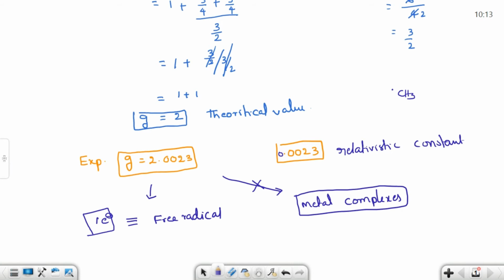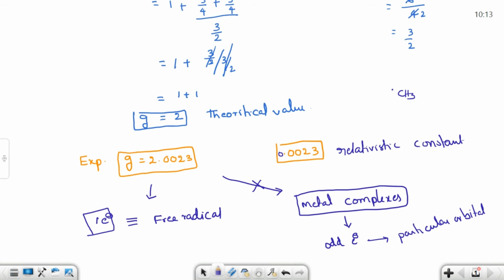But in metal complexes, the odd electron exists in a particular orbital, so it cannot move in all directions freely. That's why you observe a difference in the G value.